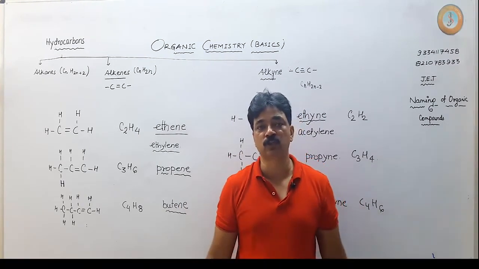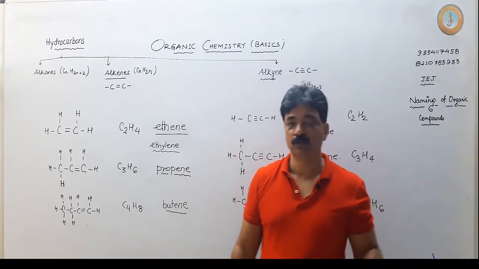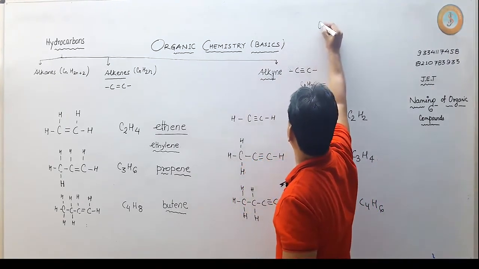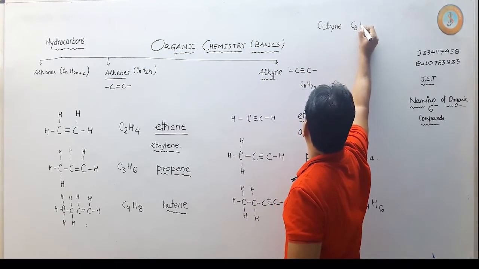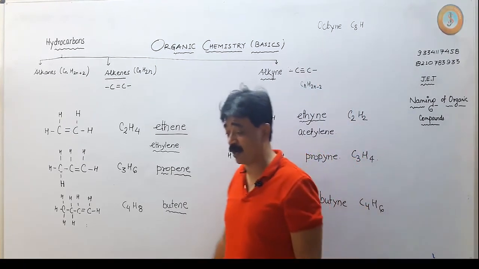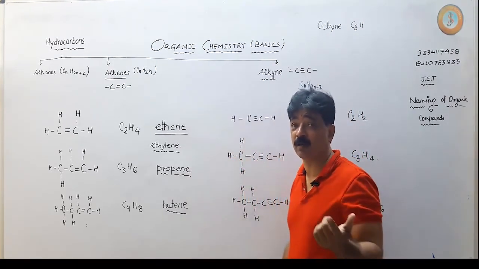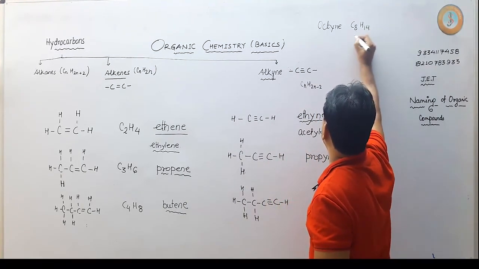Suppose somebody asks you octyne, you have to think oct means 8, C8. Since there is YNE, the number of hydrogen atoms will be 2 less than double the carbon atoms. So 16 minus 2, so C8H14.